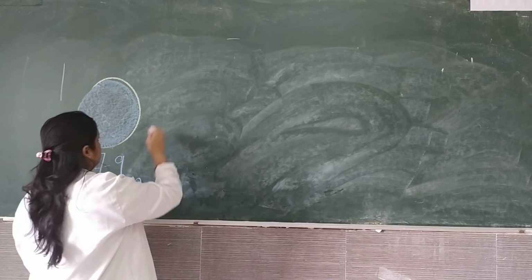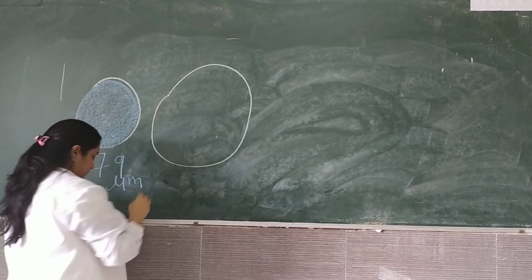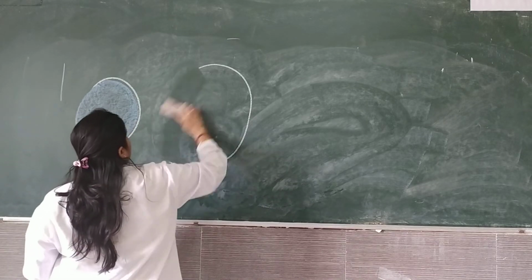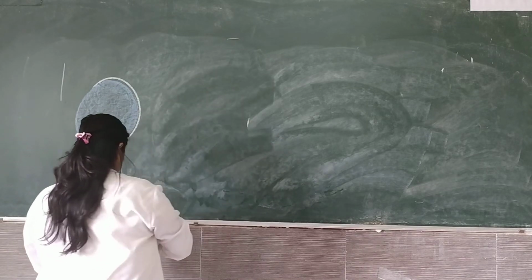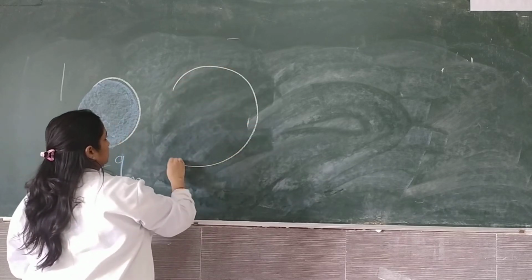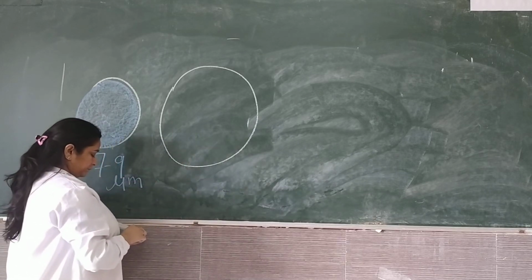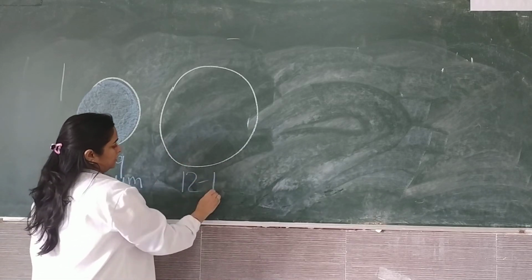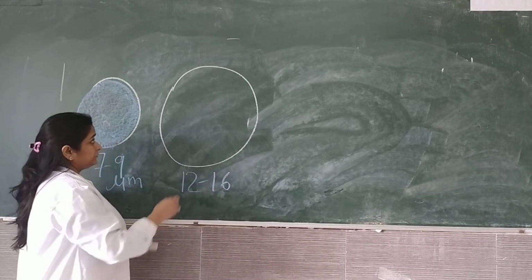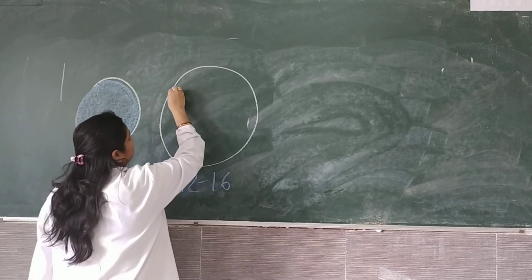Large lymphocyte is almost double the size, and the nucleus ratio is 80 to 20.